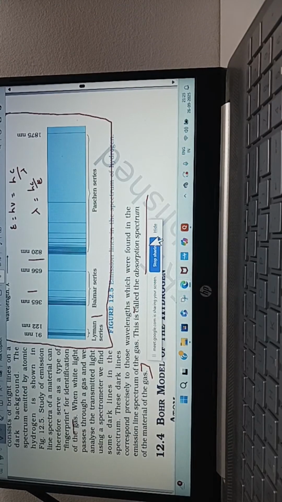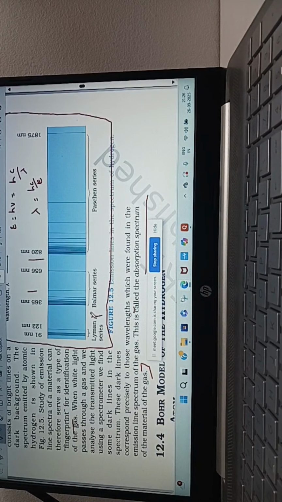I understood the electron excitation. When electrons are excited or absorb energy, they go from a lower energy level to a higher energy level. At that time, it will absorb the energy. When it is coming from higher energy to lower energy, certain series will form.